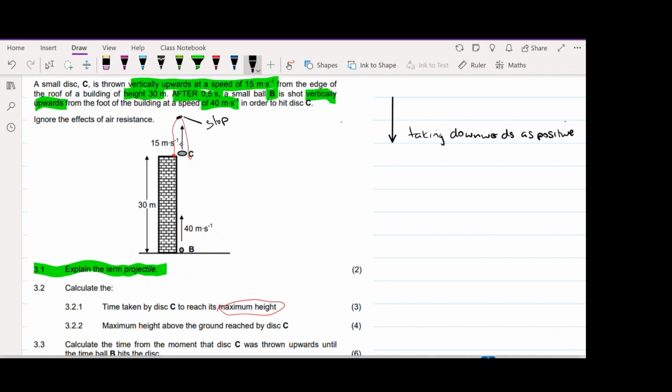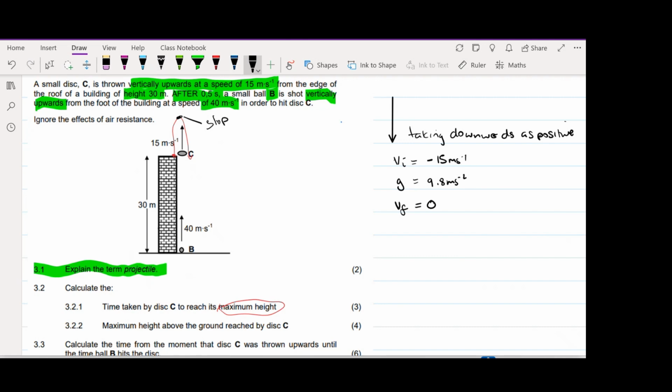So when we look at this question, the initial velocity is minus 15 meters per second, because it's shot upwards and I've taken downwards as positive. Gravitational acceleration is 9.8 meters per square second, since I've taken downwards as positive. And at its maximum height, the object stops, therefore the final velocity will be 0.